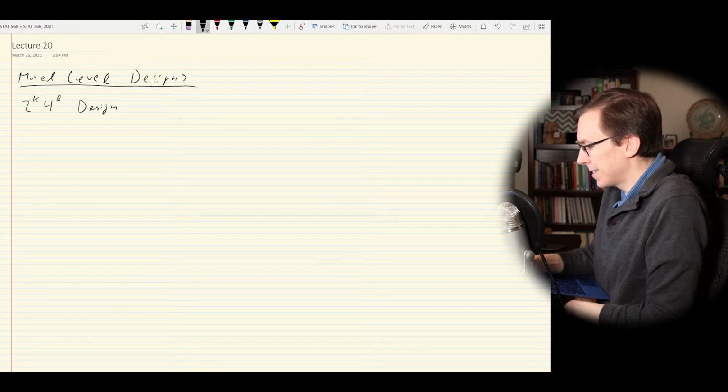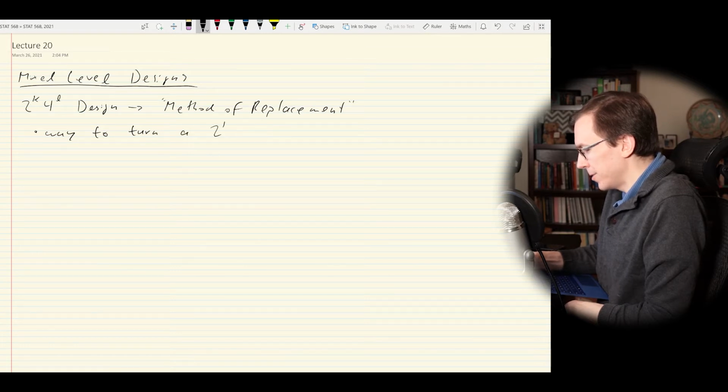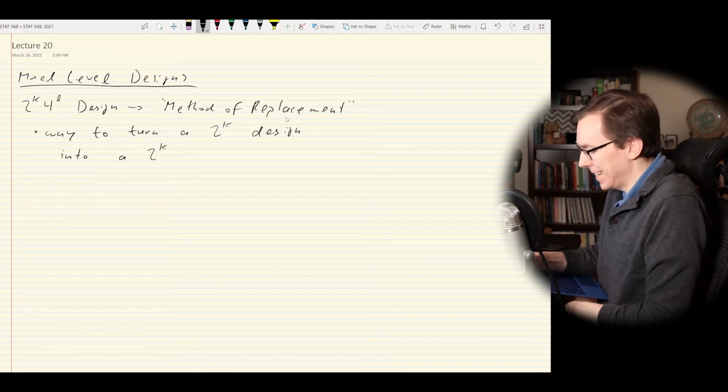So what we're going to talk about first is the idea of the method of replacement, which is a way to turn a 2 to the k factorial design into a 2 to the k prime, 4 to the l design.